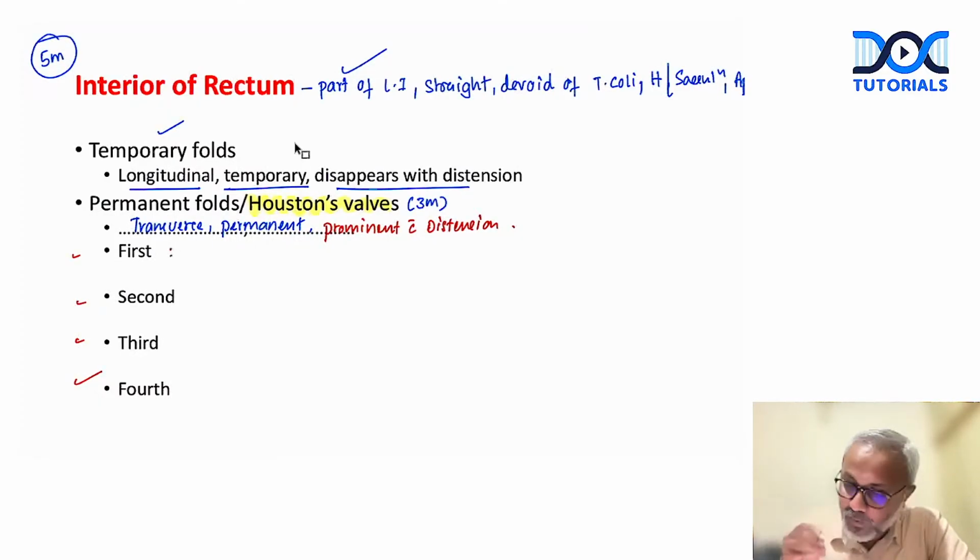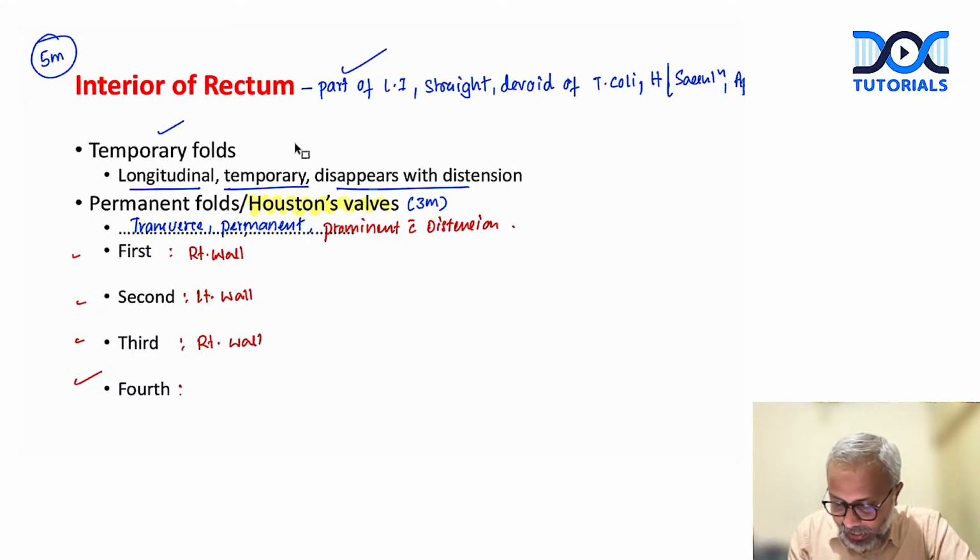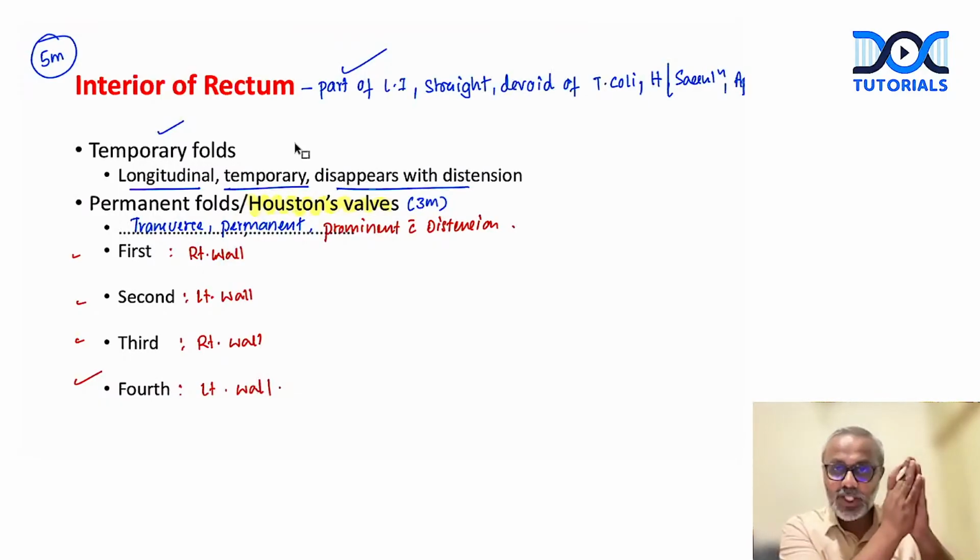The first valve is present in the right wall of the rectum, then left wall, then right wall, and left wall. If you have difficulty remembering this, it's easy: right, left, right, left. This is how we remember the position of the valves. So they attach to the respective side of the rectal wall, right?